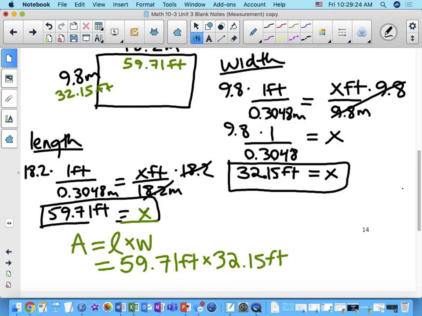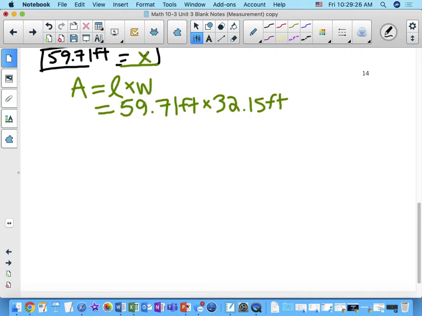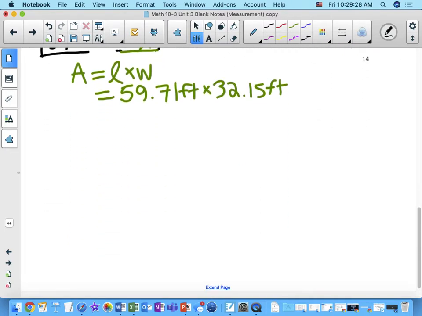And that comes out to be 1,919.67 feet squared, right? Because remember here we've got feet times feet. So remember we need units.